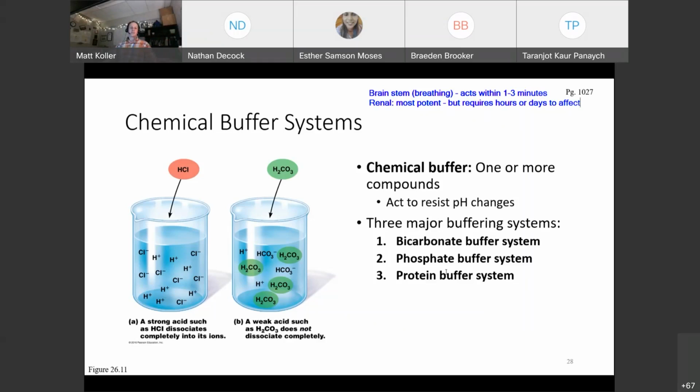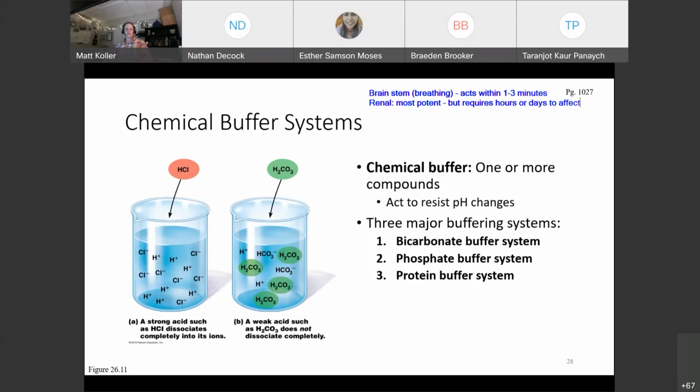In terms of the phosphate buffer system, the action is basically the same as the bicarbonate buffer, and it will use these 2 forms of phosphates to buffer either the acids or the bases. But it's not that great for the plasma system. It's more for intracellular fluid. And then the protein buffer system uses protein that can serve both as an acid or a base.